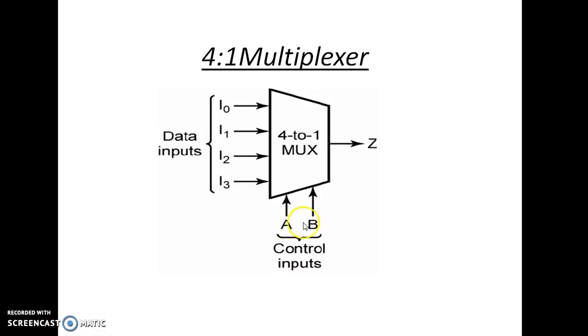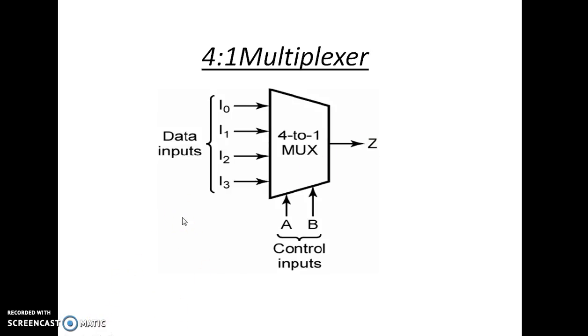Here 2 selection lines are represented by A and B. When AB is 0, 0, I0 is selected. When AB is 0, 1, I1 is selected. When AB is 1, 0, I2 is selected. When AB is 1, 1, then I3 is selected and given to the output Z. Then Z will be equal to I3. This is how the 4:1 multiplexer works.